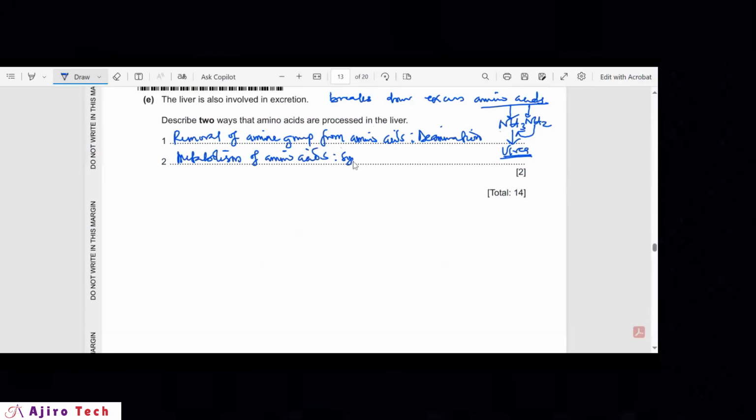Now, when we say metabolism of amino acids, it can be breakdown, which is the first one, then synthesis, that is synthesis of proteins, like plasma proteins from amino acids. The liver makes plasma proteins.